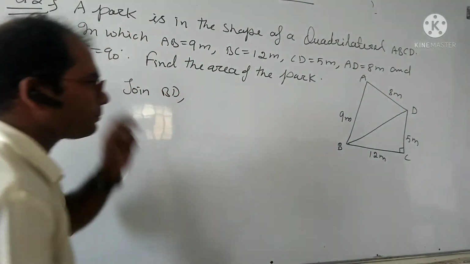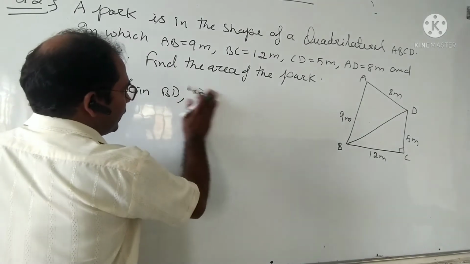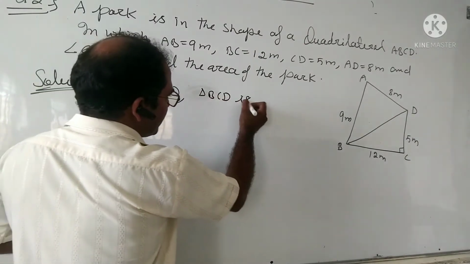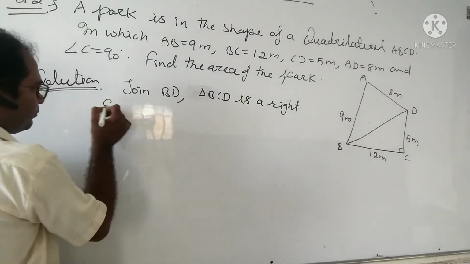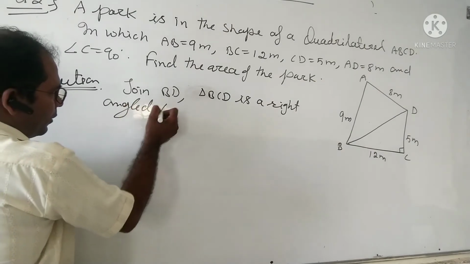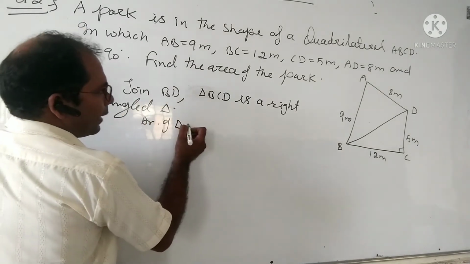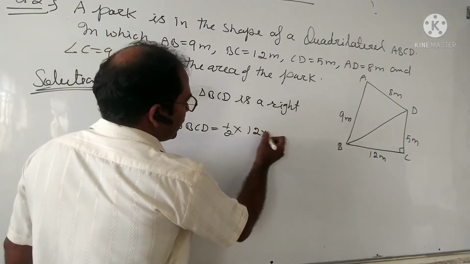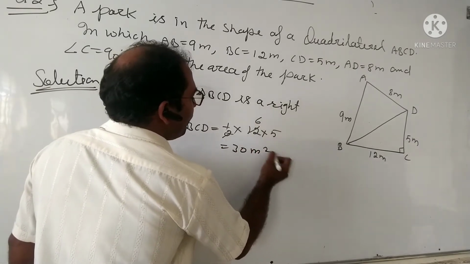Okay, so let us start. First of all, here you can write that in triangle BCD, BCD is a right angle triangle. So area of triangle BCD equals 1 upon 2 base into height, 30 meter square.